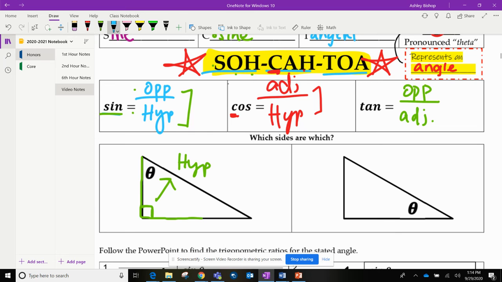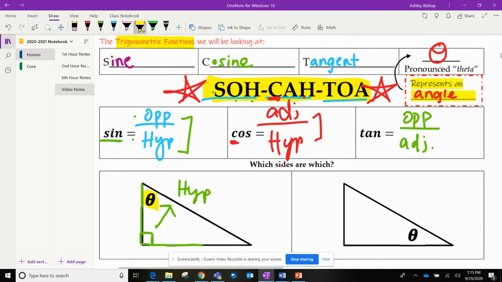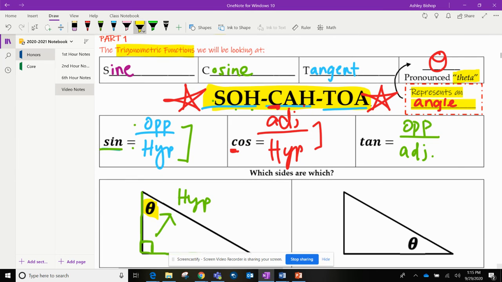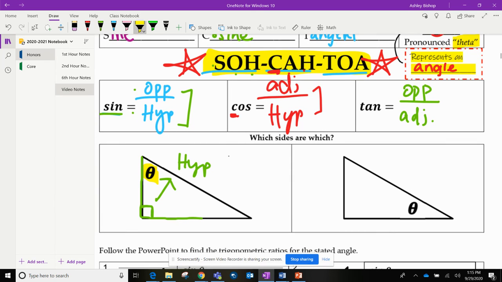Now my opposite and my adjacent depend on where my theta is going to be. Here's that theta. That's this angle right here. That represents an angle, and this is my reference angle. That's my reference angle because my opposite and my adjacent depend on where this angle is.